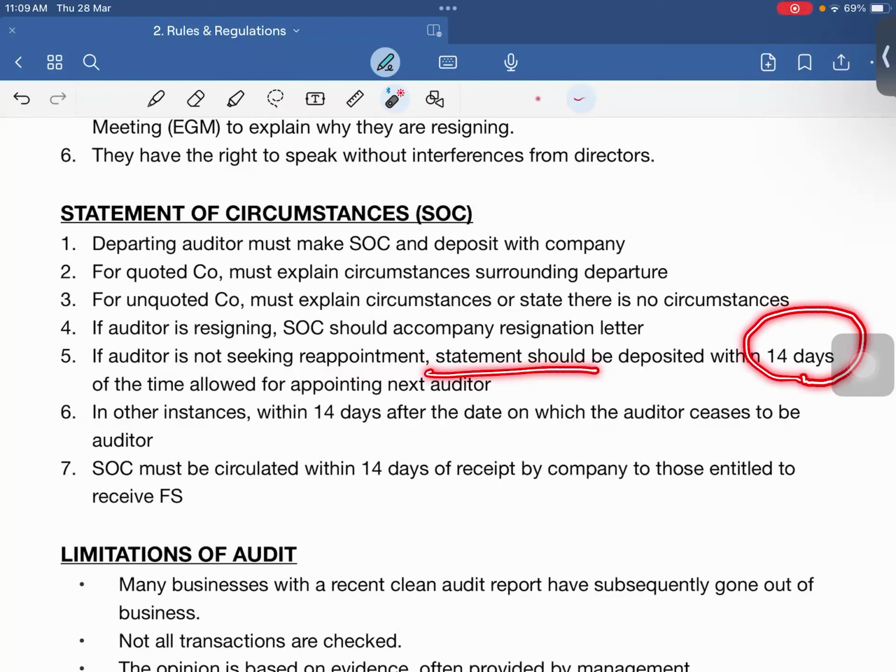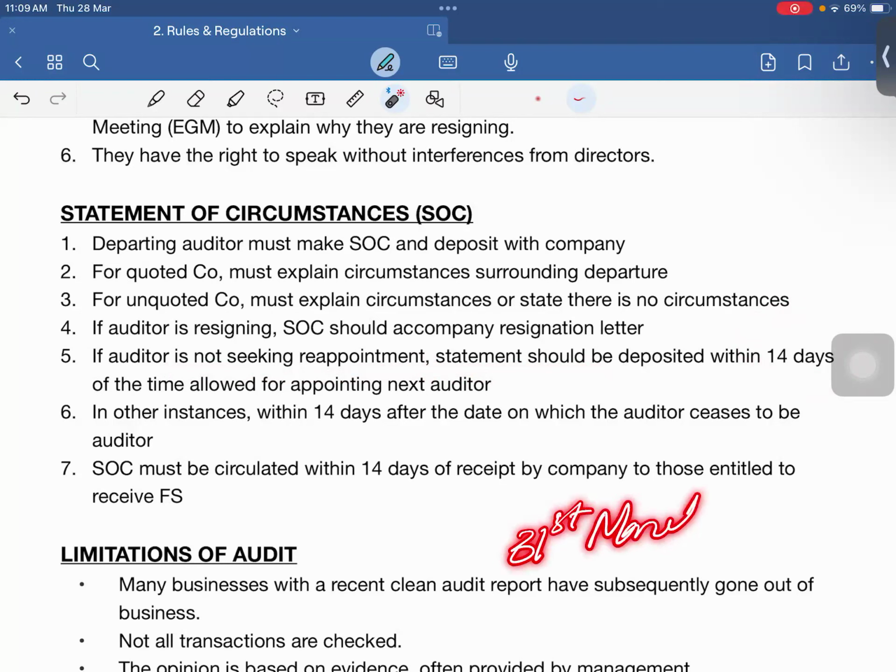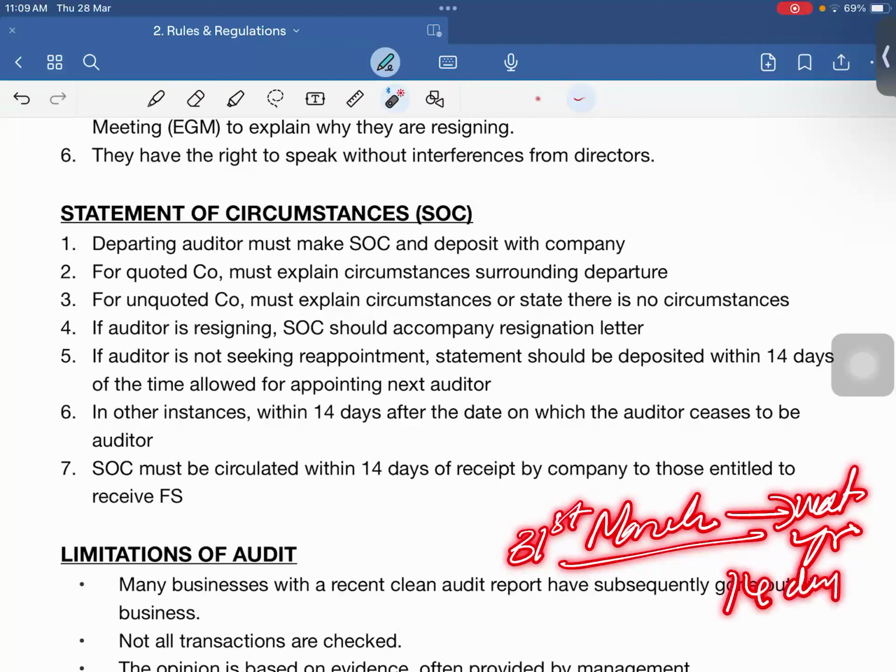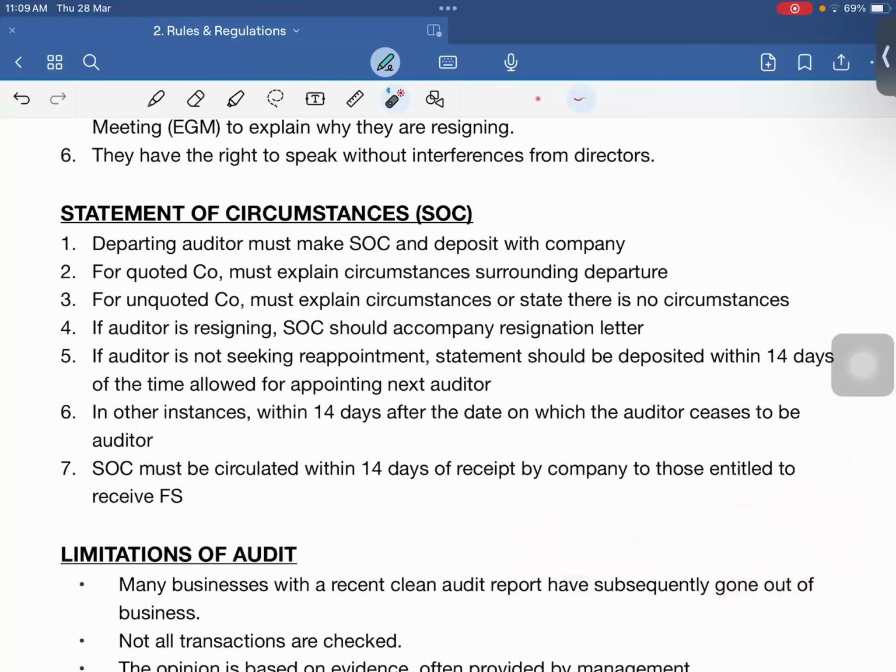Maybe he is there till 31st March. That is till this year, and he has the chance to be an auditor in the next year. Suppose that is the case. Then if the auditor is not willing to work there further, he should provide the statement 14 days prior to the start of the next auditing year. Understood? That means the start of reappointing him.